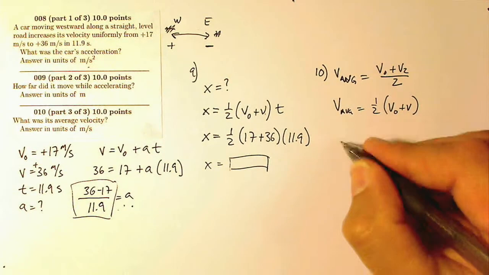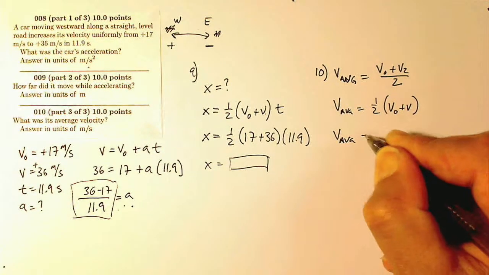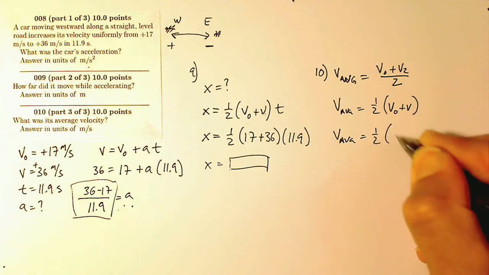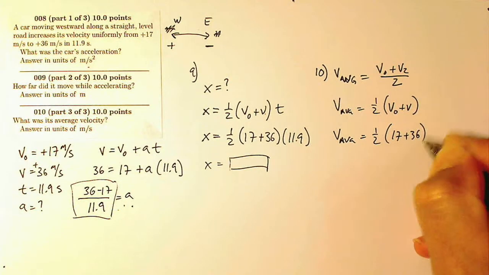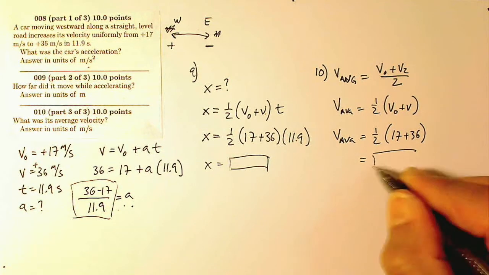So my average velocity is going to be 1/2 of 17 plus 36. And that'll give me an answer for question number 10.